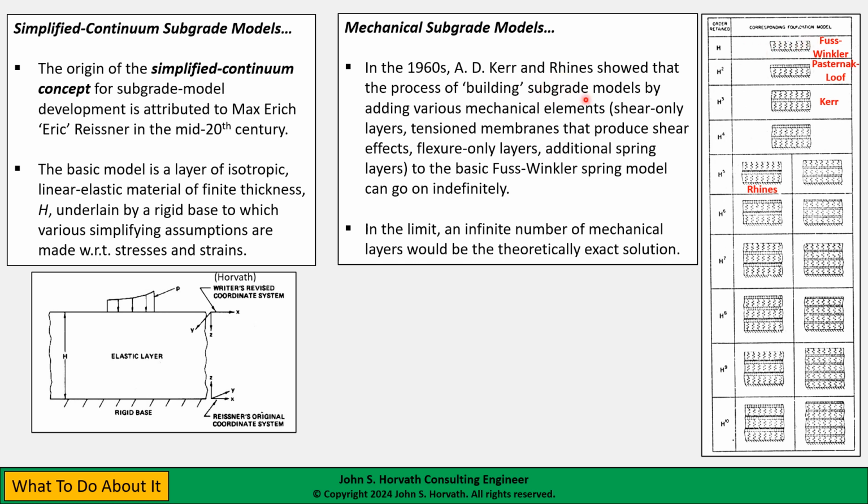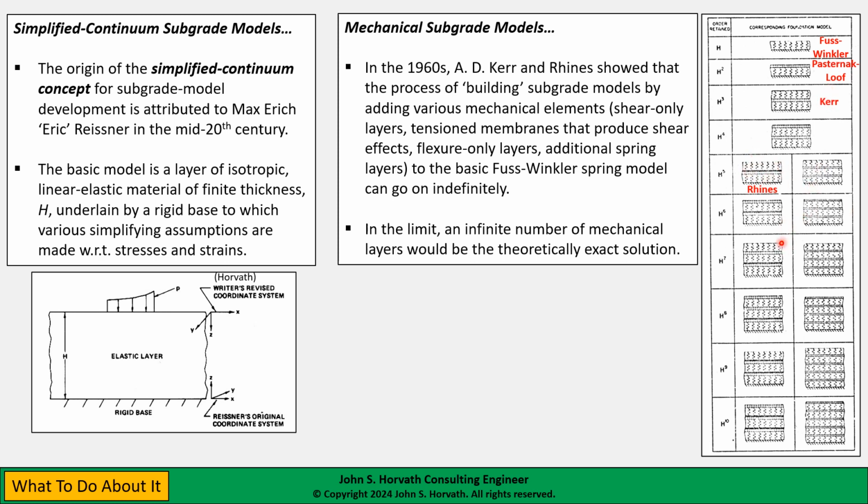So in the mechanical approach, we start simple and we build more complex. And you could show that in the limit, an infinite number of mechanical layers would be a theoretically exact solution. These are just the names of some researchers who have pursued this research and what their models look like.